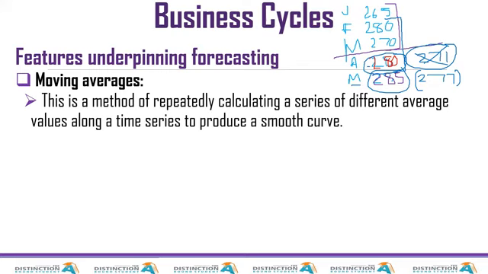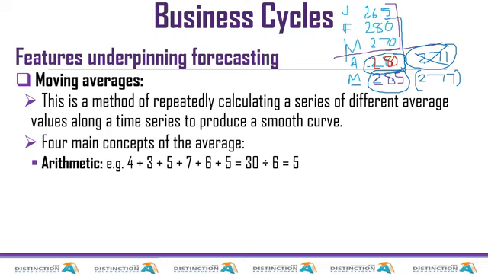So this is the method of repeatedly calculating a series of different average values, just like I was doing, along a time series to produce a smooth curve. We have four main concepts of average. We have the arithmetic one, which is what I was using. You add them up. You see here we have 4, 3, 5, 7, 6. If you add these up, you get 30.